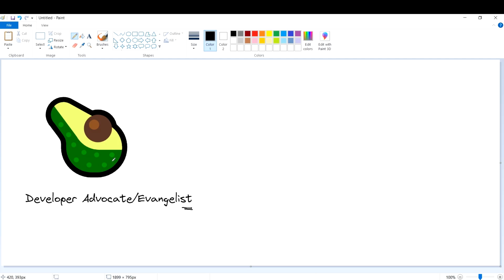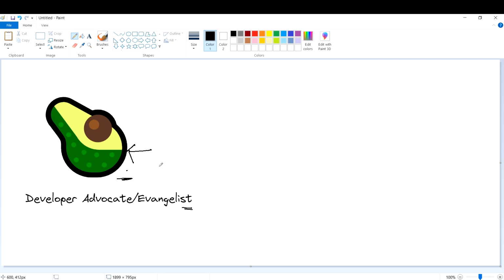Okay, I know that you might have seen this symbol in front of every devrel or developer advocate or evangelist role on LinkedIn, social media platforms, or even a blog, right? Even I was wondering why they use this particular emoji in front of their role as a developer advocate.